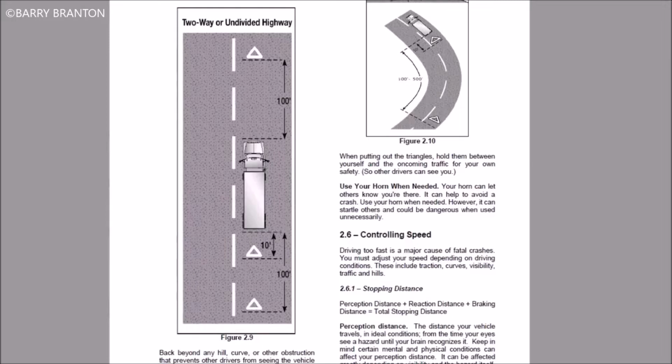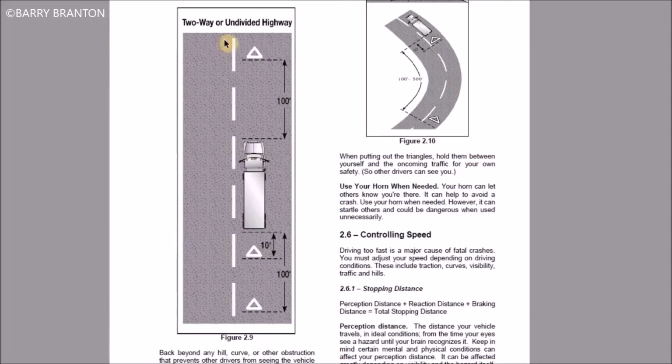So the reason on a two-way you have the reflector on the front and two in the back is you need to make the drivers that are coming towards you, oncoming traffic, aware of your situation.